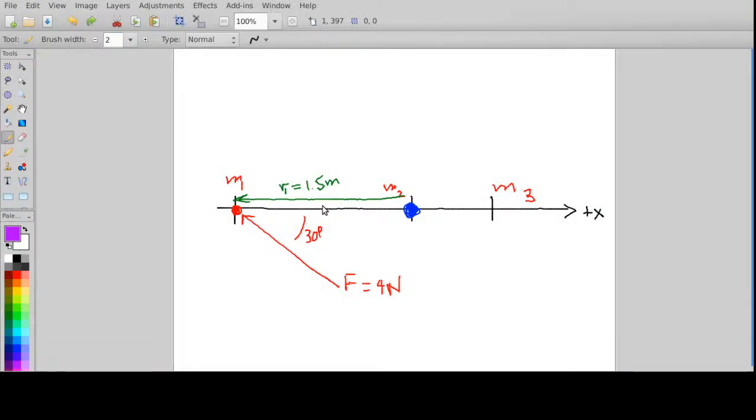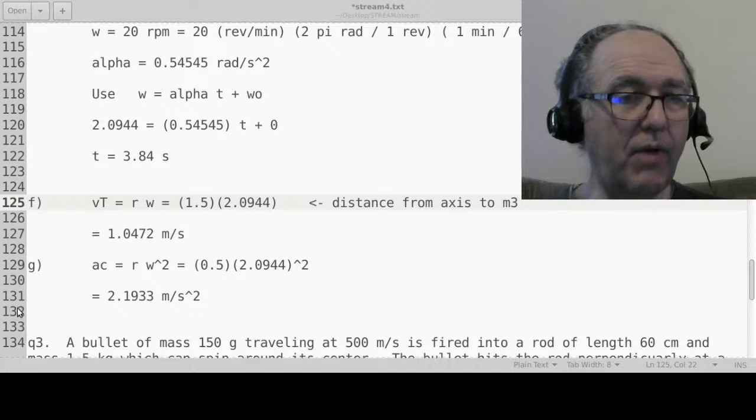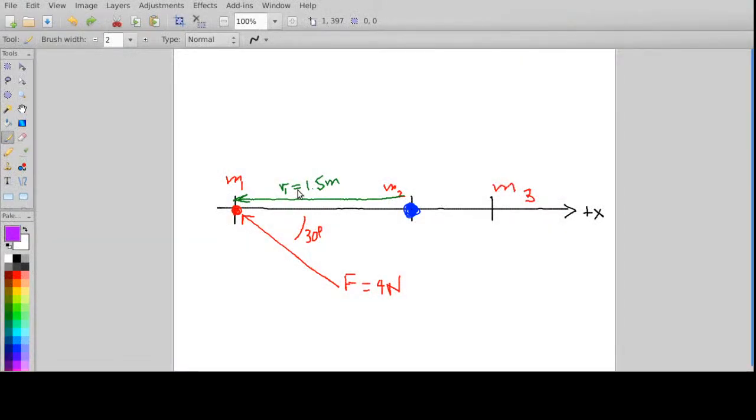Right here, and whoops, I think I used the wrong r. Let me reread the problem. I did. We were applying it to M1, and M1 is 1.5, and I made a mistake. That should be 1.5. So let me switch back to there. Sorry, that's 1.5 in there.